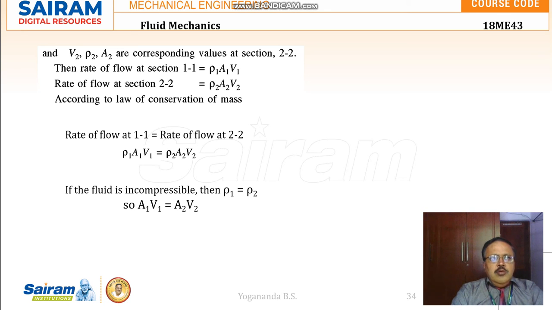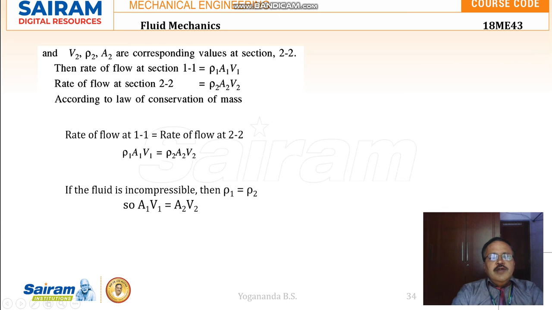That is the quantity of water flowing through the particular section per unit time. The rate of flow is given by density into discharge, so rho 1 A1 V1. Similarly, the rate of flow at section 2 is rho 2 A2 V2.